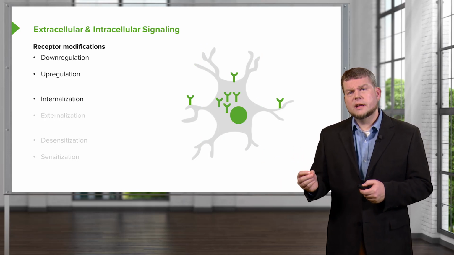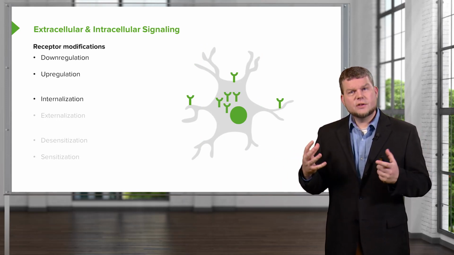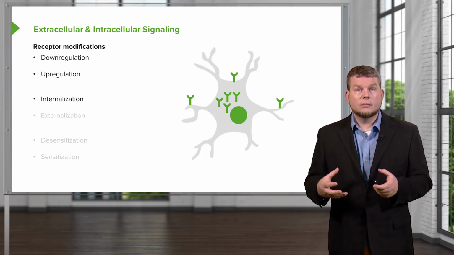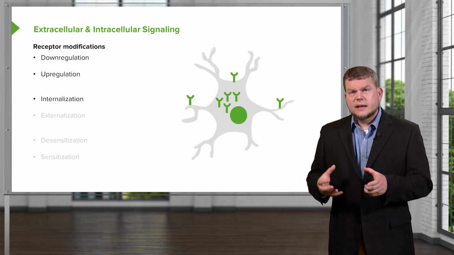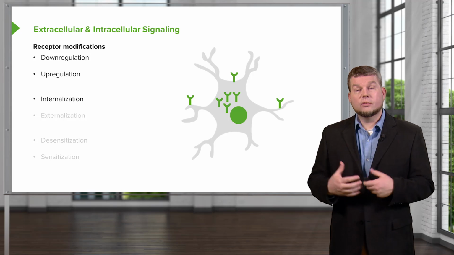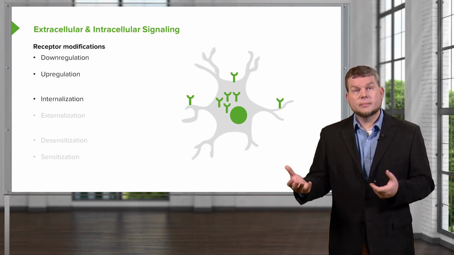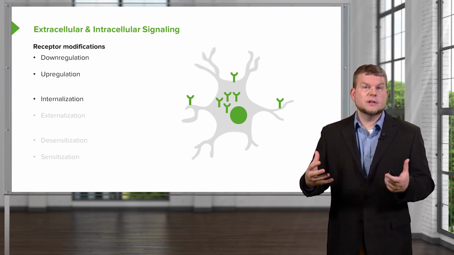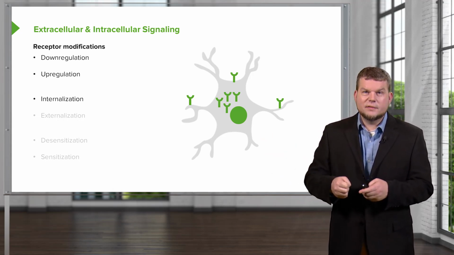Another way to modulate the receptor cell signaling interactions is by having a certain set of receptors internalized within the cell. And this is a handy way to quickly adjust the number of receptors that are expressed. With upregulation and downregulation, it involves making new receptors or pulling them off the membrane.